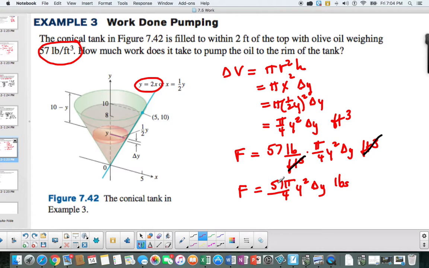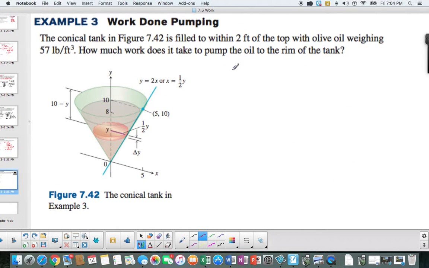So this is my force. I'm running out of room, so let me go ahead and continue. I've decided my force, which is varying, is equal to 57 pi over 4 y squared delta y pounds.